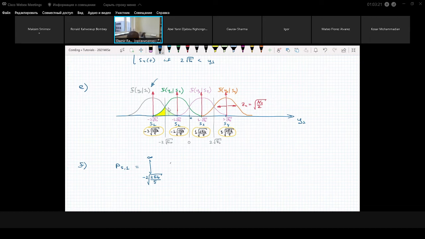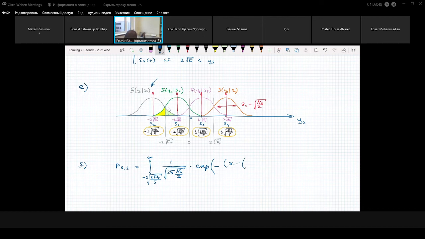And then we write the expression for the probability density function. We have 1 over the square root of 2 pi times N0 over 2, times the exponential function of minus, in the numerator, x minus the mean value, and the mean value is minus 3 times the square root of 2 EB divided by 5.